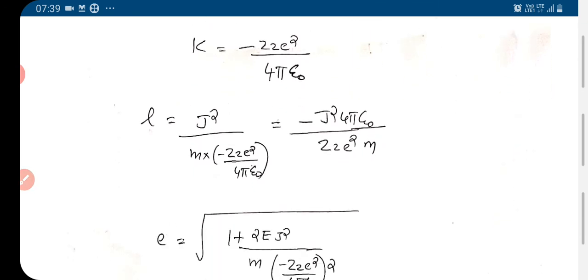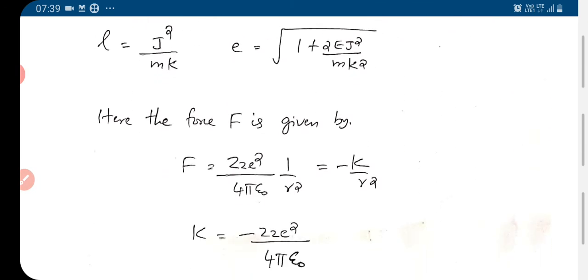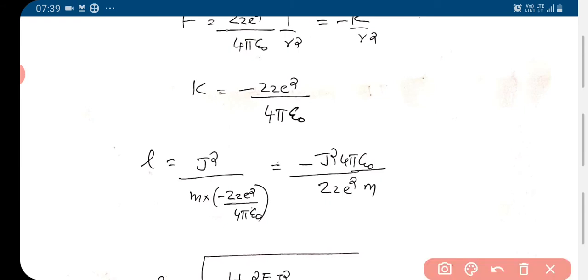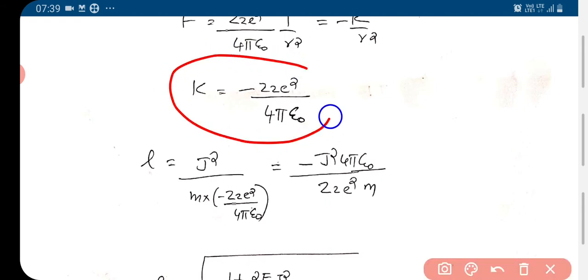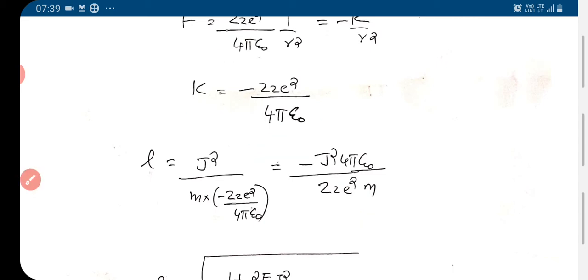L, the latus rectum that we know, J squared by mk, we substitute for k and we get minus J squared 4 pi epsilon 0 over capital Z small z e squared m.